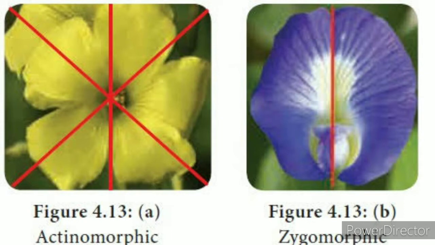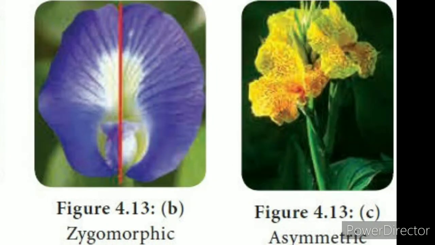Actinomorphic is a flower which can be divided into two exactly equal halves, whereas zygomorphic is a flower which can be divided into two similar halves. An asymmetric flower is one which cannot be divided into similar halves by any vertical line passing through it.